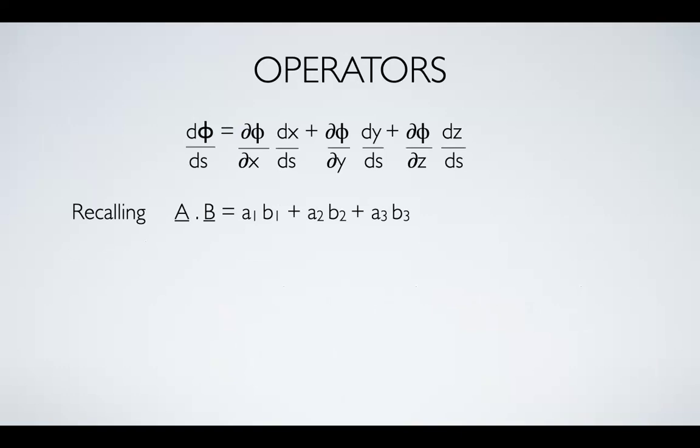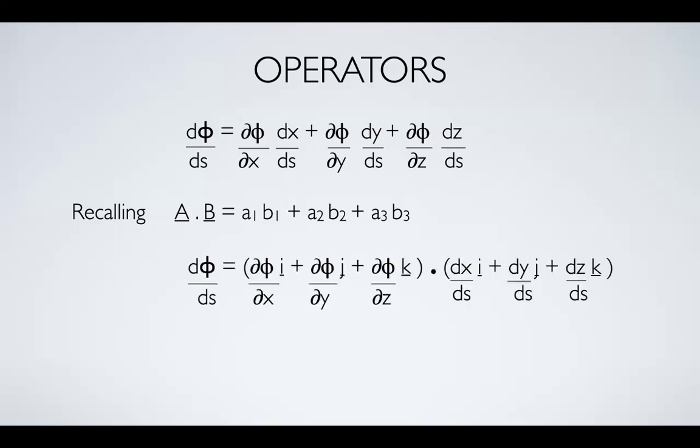You can see that these two equations look very similar: this one looks like A1, this one looks like B1, A2, B2, A3, B3. The terms look very similar. So I can write d phi by ds as equal to this term dot this term. Is that right? Let's take a closer look.